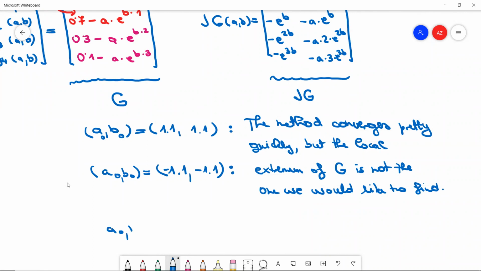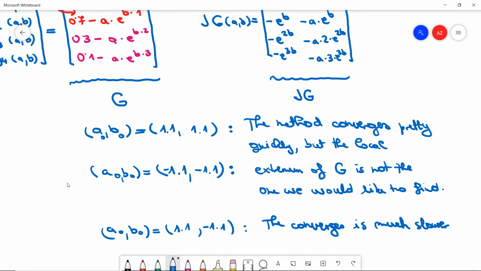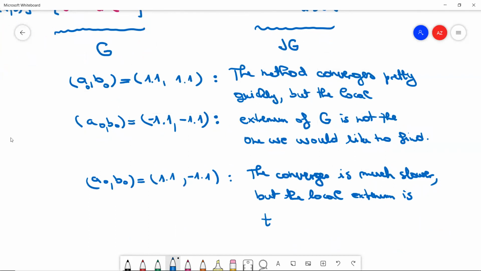However, for A naught, B naught equal to 1.1 and minus 1.1, the convergence is much slower, but the local extremum is the one which we are searching for.